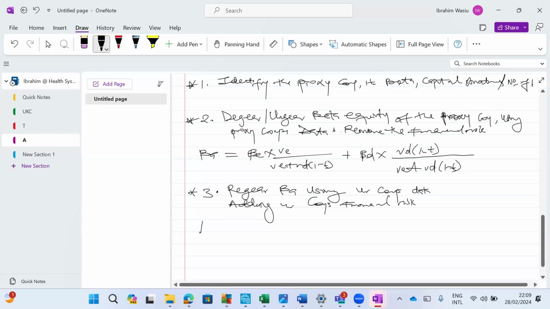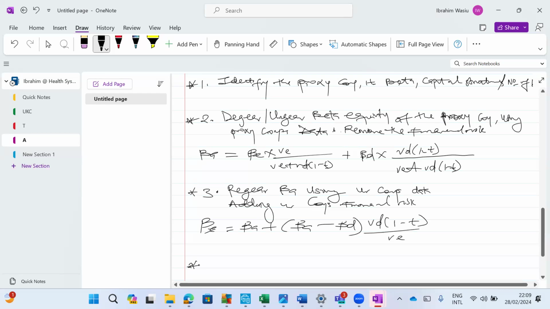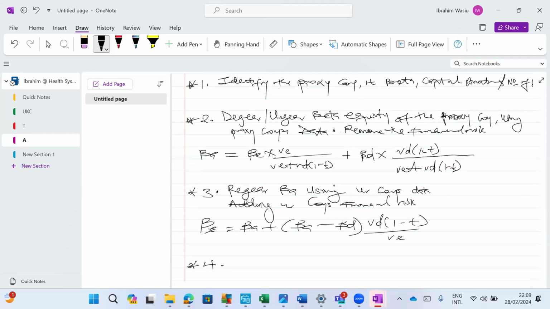So we are calculating beta equity, which is beta asset plus (beta asset minus beta debt) into value of debt times (1 minus t) over value of equity. Are we together? Yes. Okay. Step 3 is clear?